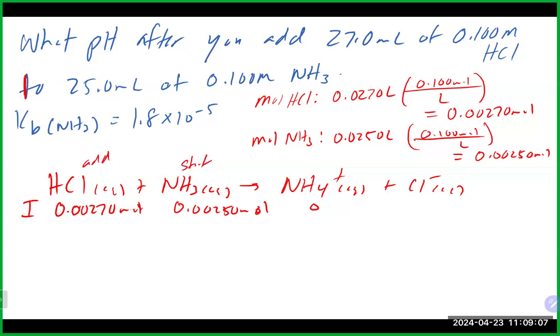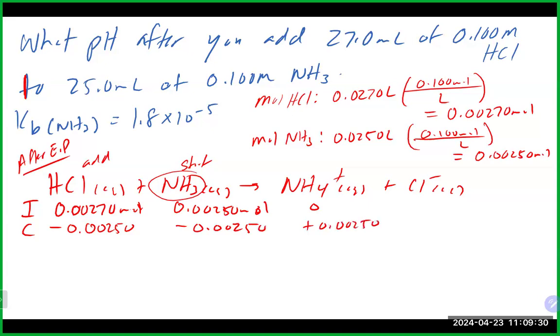Am I before, at, or after the equivalence point? I am after because I have more moles, so I am after the equivalence point in this case. That means that the change is actually going to be our NH3 since it's a smaller number: minus 0.0025, minus 0.0025, and a plus 0.0025.